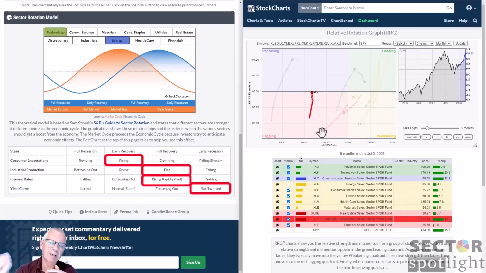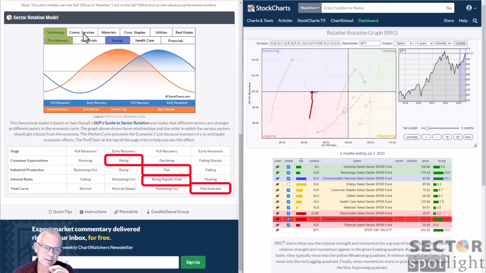And when you start picking up inside lagging on the monthly, especially with such a vertical move on the RS momentum scale, once that starts to move to the right towards leading, then it becomes really strong. So I'm going to say that this is in the very early stages of being strong, as being an outperformer. So that's a good sign for discretionary as well.